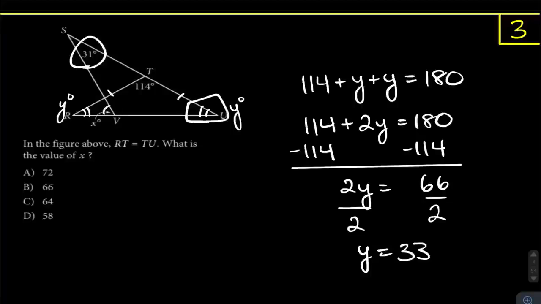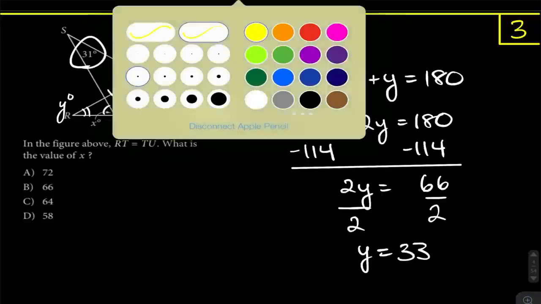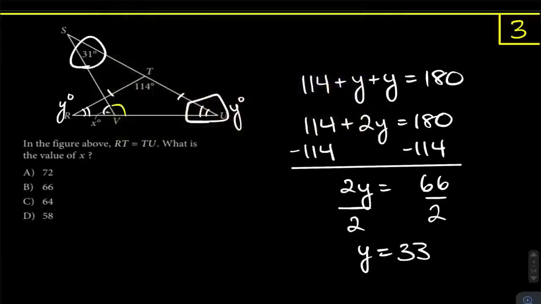We could use that exact same idea again to find this angle, which I'll write in a different color, this angle right here. That yellow angle is supplementary to the angle we're trying to find, so we could use 180 minus that other angle.